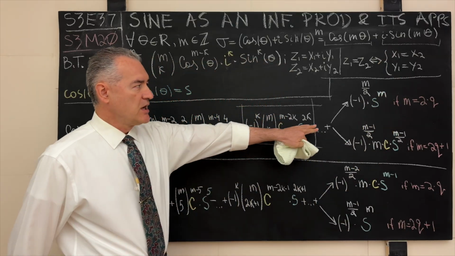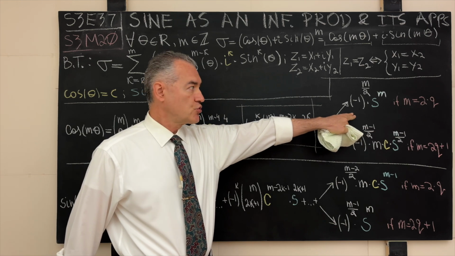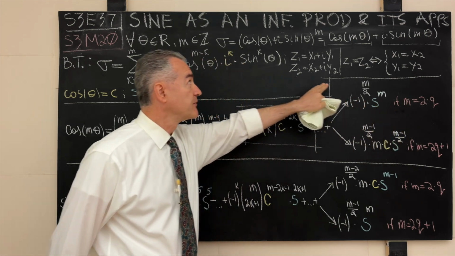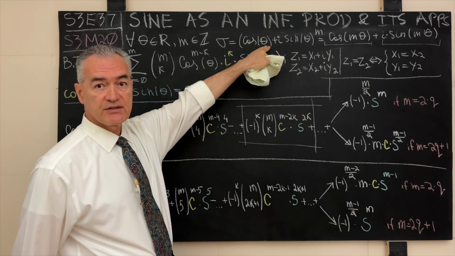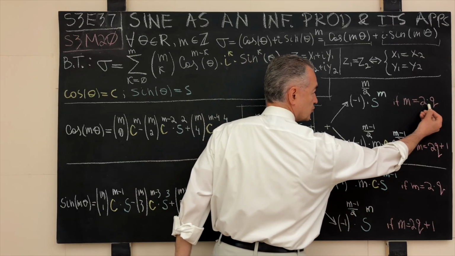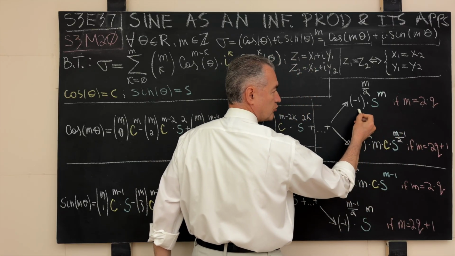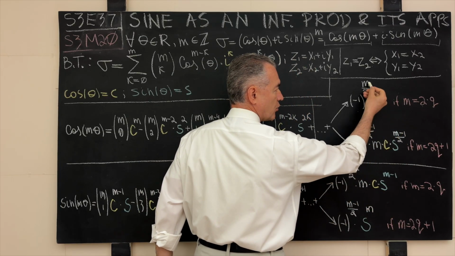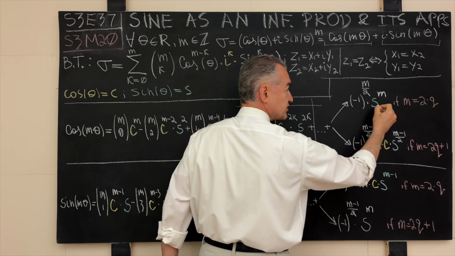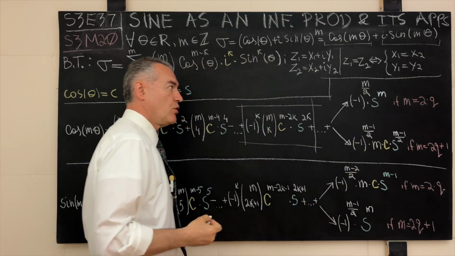The last term, remember, splits into two choices, when m, the power into which we expand our De Moivre's identity, is even, or is representable as 2 times k. Then we have this term over here, negative 1 raised to the power m over 2 times the trigonometric function of sine raised to the power of m.